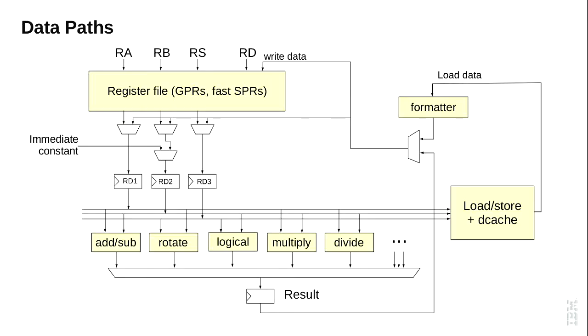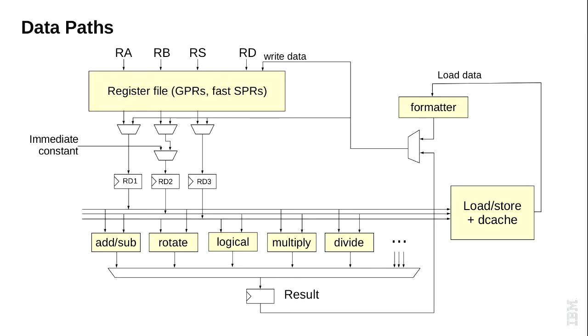That big case statement generates this enormous multiplexer at the bottom, which takes the answer from whichever functional unit was supposed to generate it according to the instruction we're executing, and puts that into this result register, which is the output of execute 1.